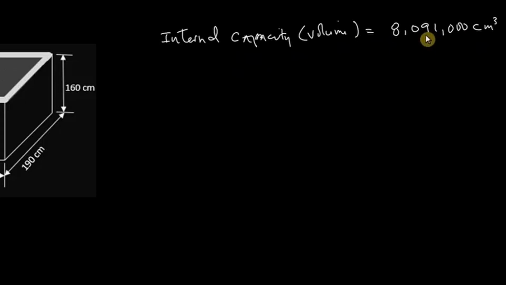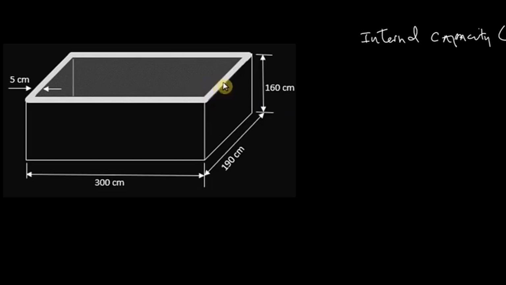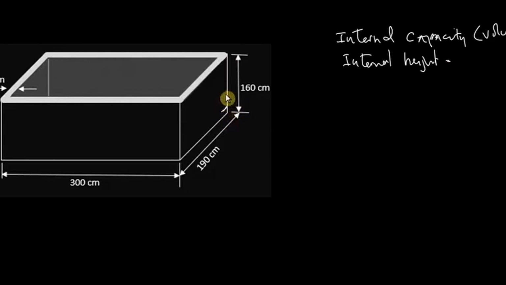And we're talking about the internal volume, which means the thickness is going to determine the difference between the internal and the external volume. So let us just note that the internal height, well, we have 160 as its full height, but we know that at least 5 cm is taken up at the bottom because of the thickness.